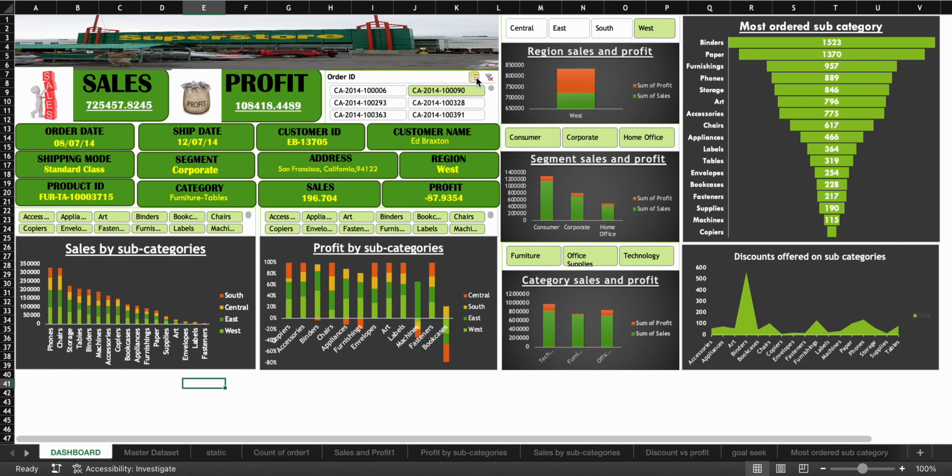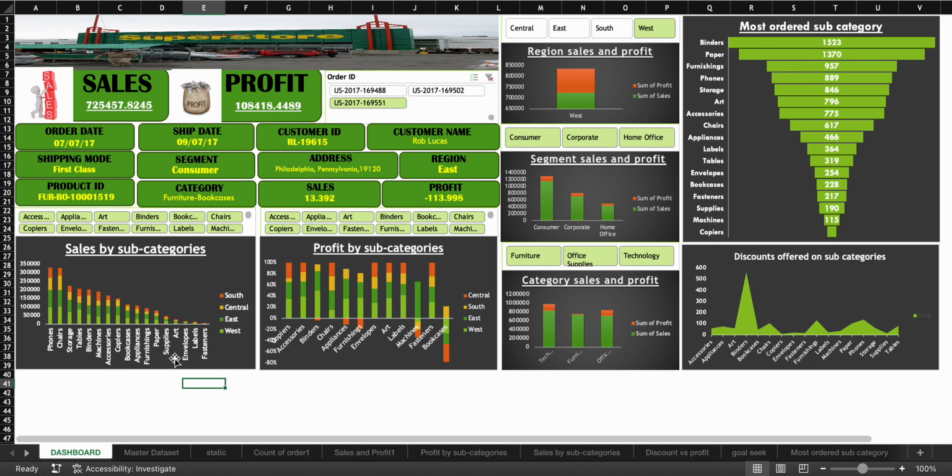Over here, when I click on a particular order ID, I can get all the information about that order: the order date, ship date, customer ID, customer name, shipping mode, the segment, the address where the customer lives, the region, product ID, categories, the sales on that particular order, the profit. Whichever order ID you click, you'll get the complete information about that particular order.